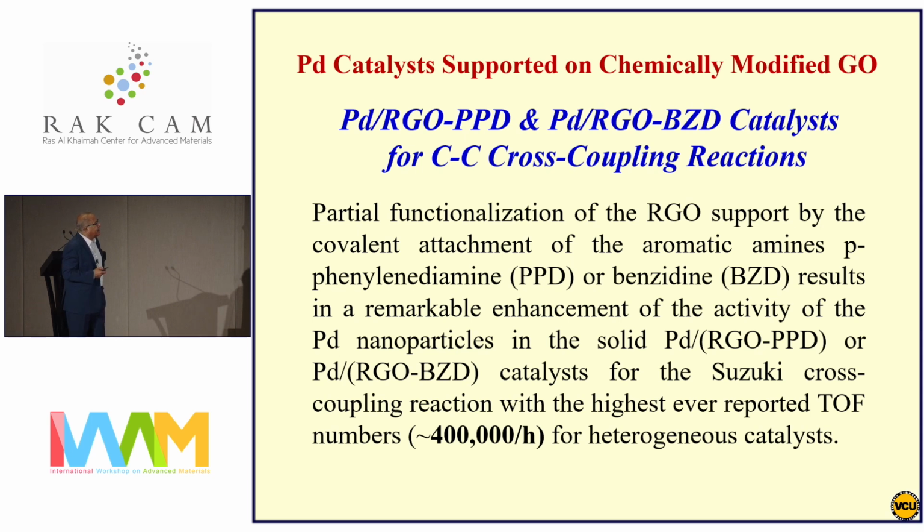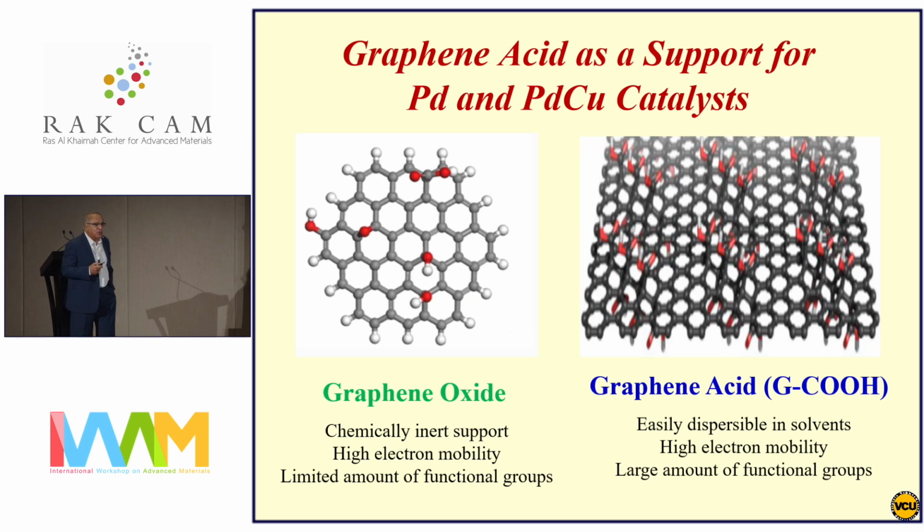Following this, we were wondering what happens if we change totally the reduced graphene oxide and replace it with graphene acid. I'm showing here the difference. Graphene oxide has oxygen functional groups, which are less overall than graphene acid.